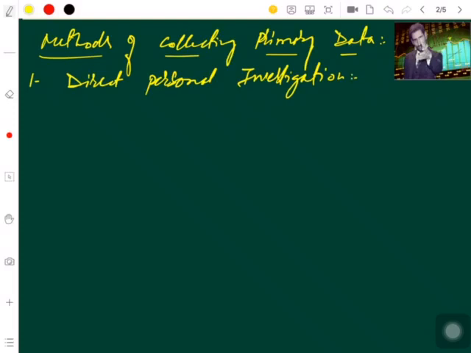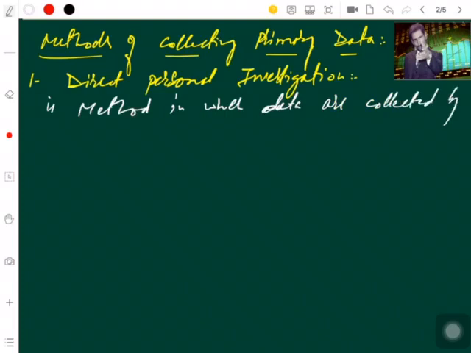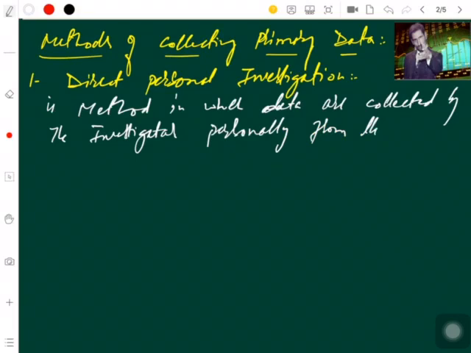Direct personal investigation is a method in which words are explaining themselves, in which data are collected by the investigator personally from the sources concerned.